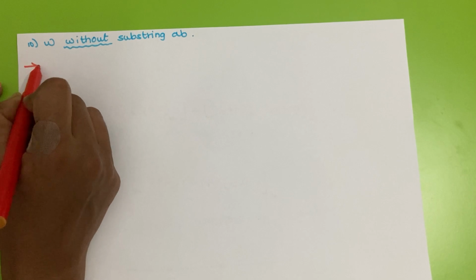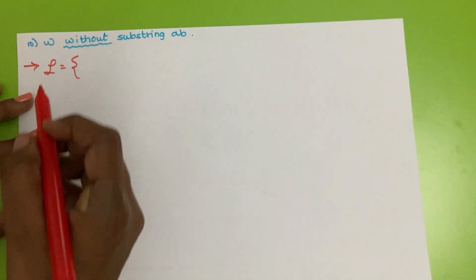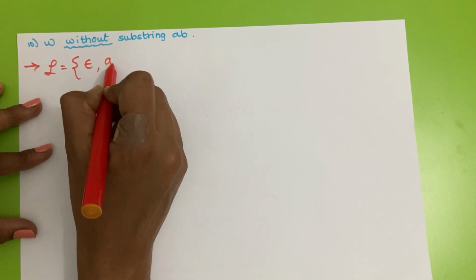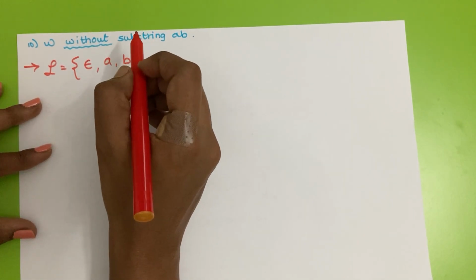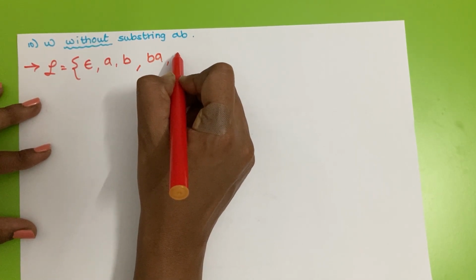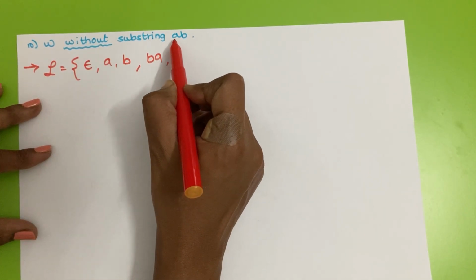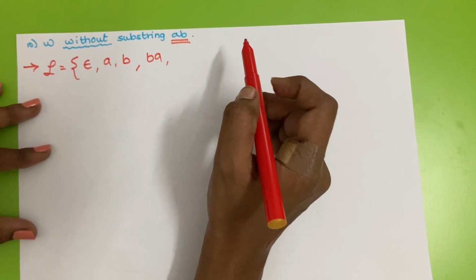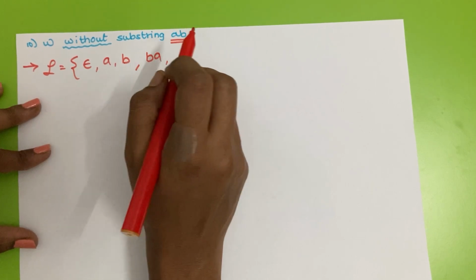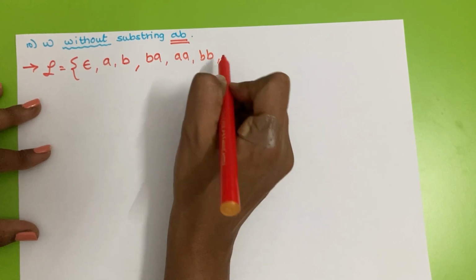So first we will write the set L. The set L will be empty, empty can be accepted, then A can be there, then a single B can be there, then the BA string will be there, but the AB string will not be there, because we have to accept all the strings that do not contain the AB substring. So AB will be excluded. After that we can have the strings AA, then BB.